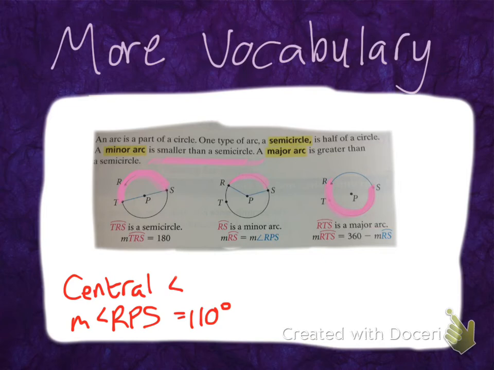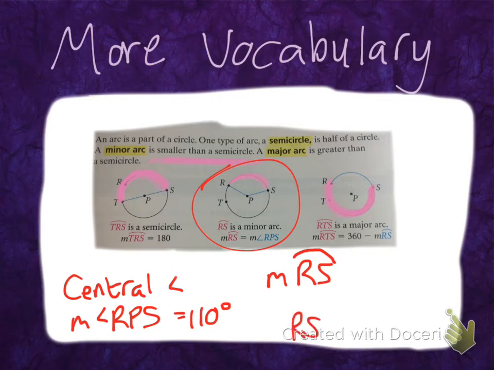One thing I want you to know is how to find, there's a weird notation, looking at this middle picture here, I can ask you to find the measure of arc RS. The way you annotate that is we write RS with an arc over it, a little loop. It's not segment RS, because segment RS would be illustrated by drawing a segment from R to S. That's different.